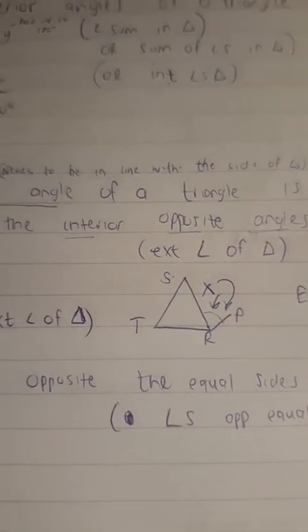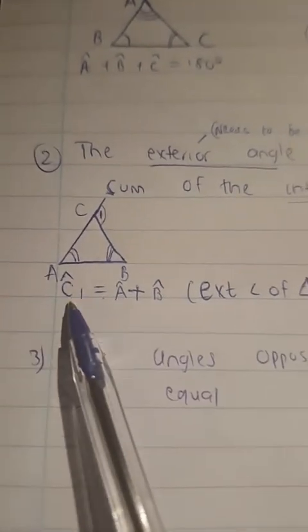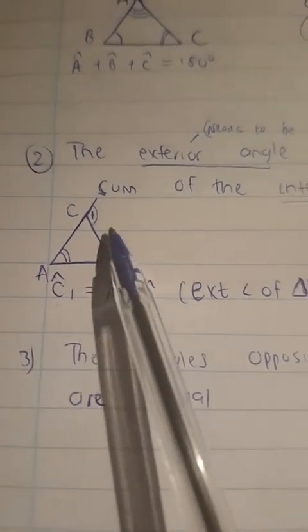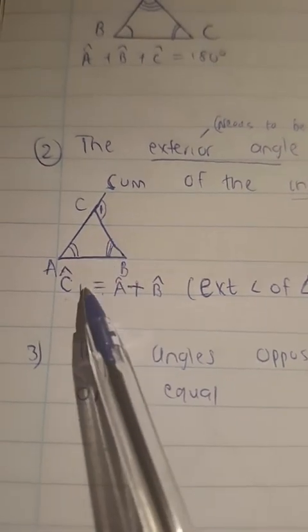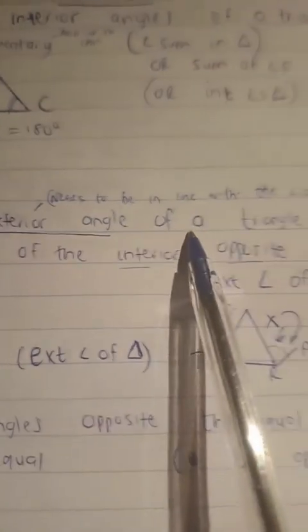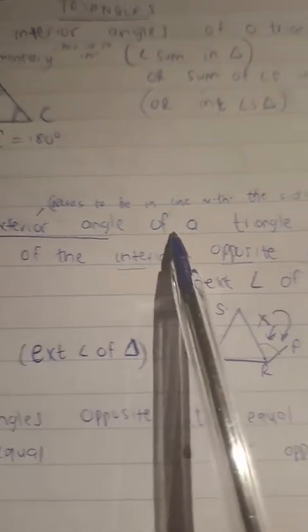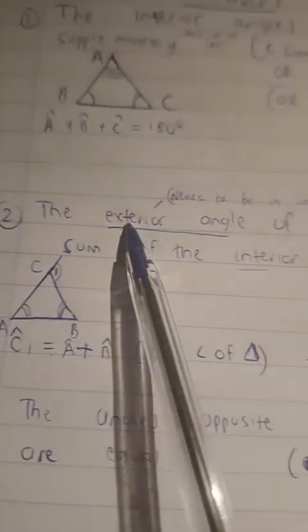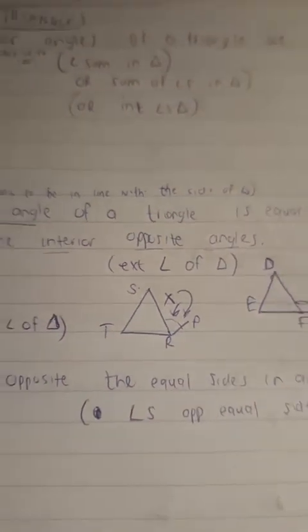So this is very important: for this triangle, you would say angle C1 is equal to angle A plus angle B, because that's what applies when we apply the exterior angle of a triangle being equal to the sum of the interior opposite angles.